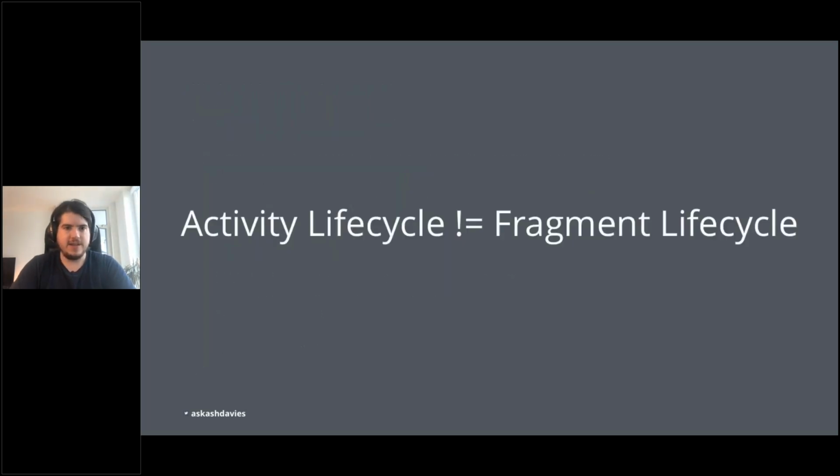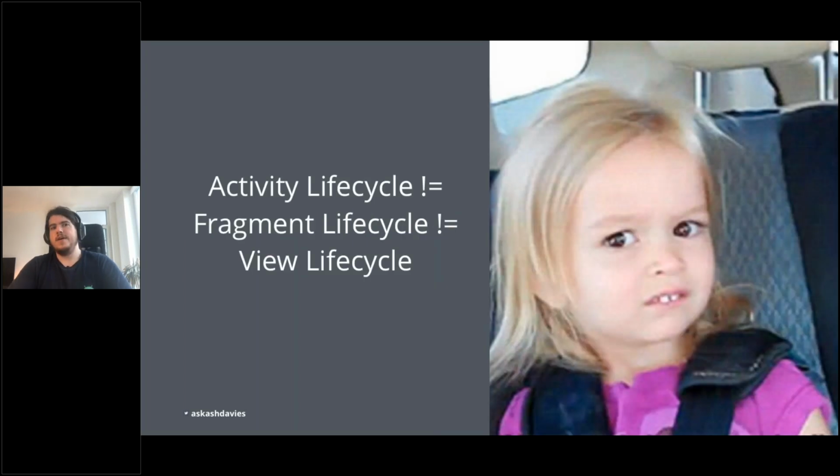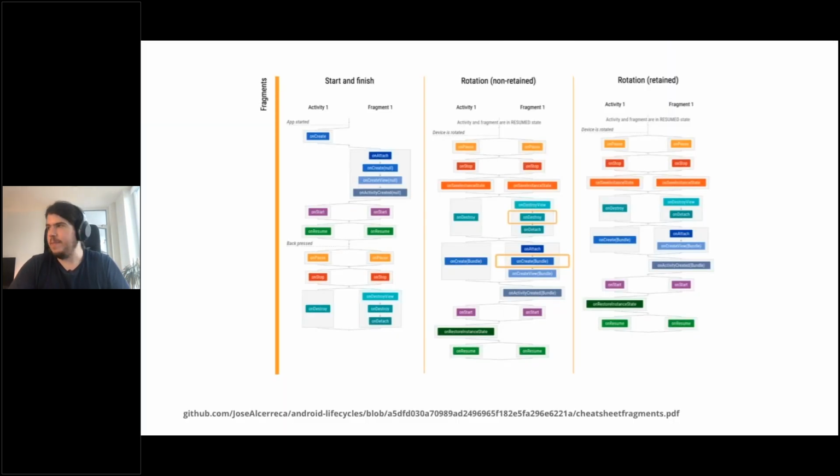So as I mentioned, it's important to remember that the activity lifecycle is not the same as the fragment lifecycle. And furthermore, the fragment lifecycle is not the same as the view lifecycle. So we have three sets of lifecycles, and we have to think about how they interact with each other. Now, these are really great cheat sheets from Jose, I cannot pronounce his surname, Ajedika, I won't try again, where you can see how the fragment will interact with its activity based upon its intention.